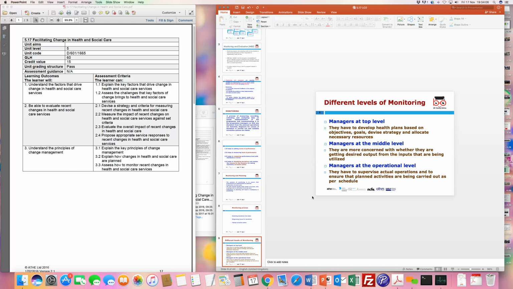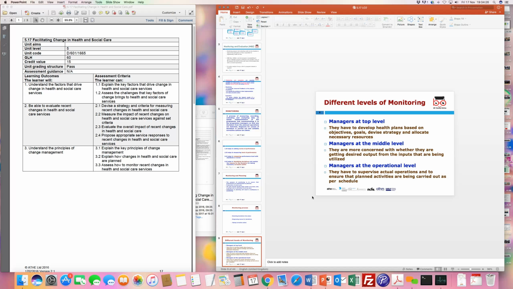An example here would be monitoring happening in, say, Tesco stores. There's a lot of pilferage which happens in all these large format retail stores. So one of the levels of monitoring which the general manager or the director of the store does is they want to minimize pilferage down to 0.5%.